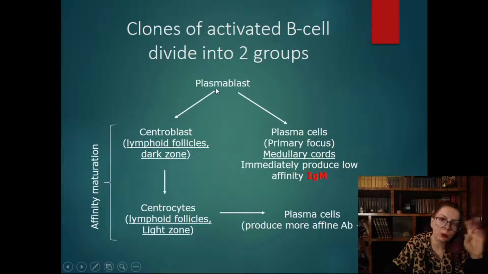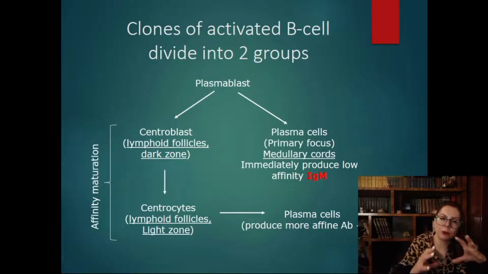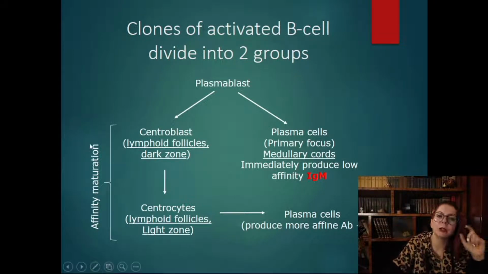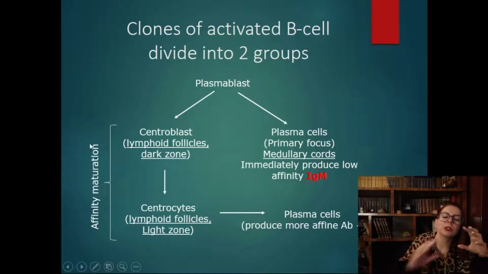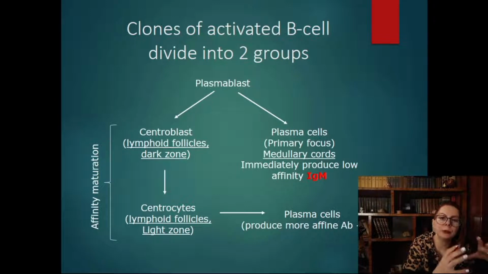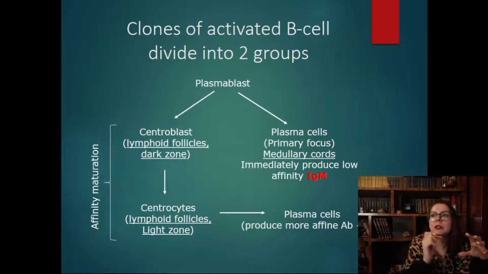The other group of plasmablasts remain in the cortex, and they create a lymphatic follicle or nodule. And that's exactly where affinity maturation happens. So they start to improve their antibodies. They modify them by increasing the number of mutations in the variable region.